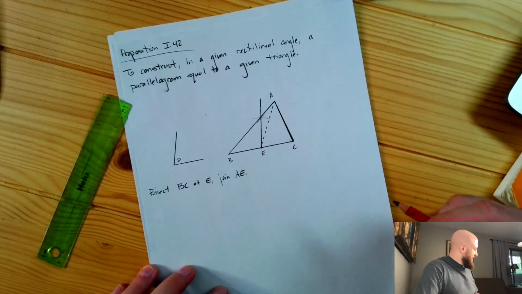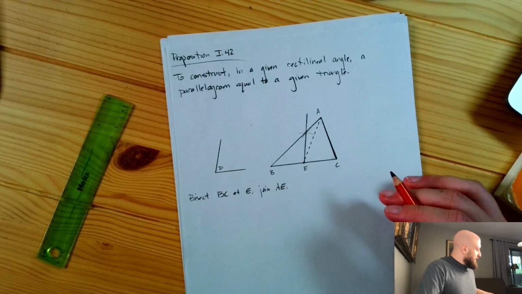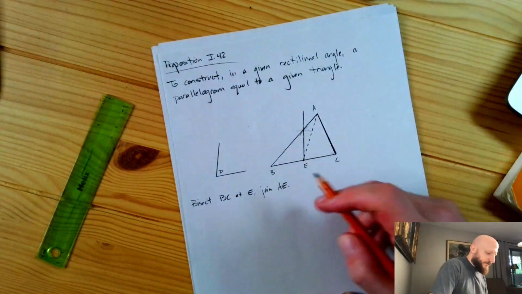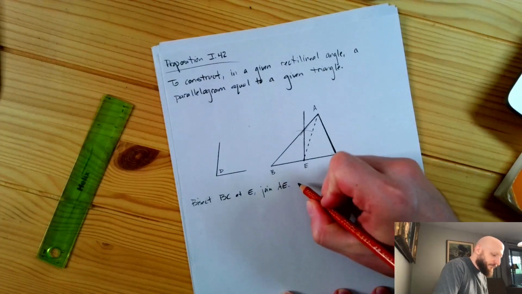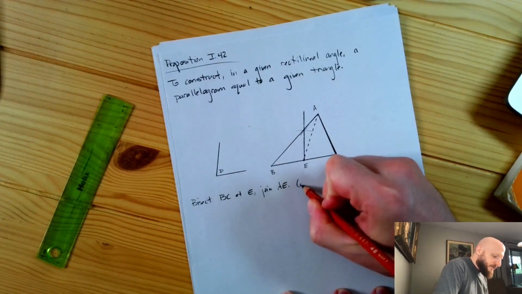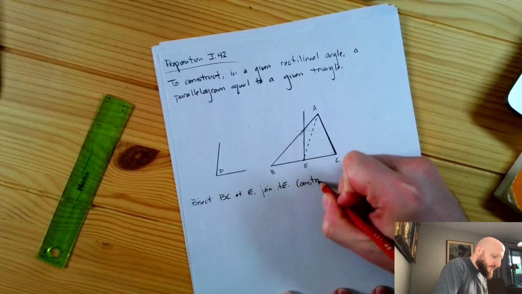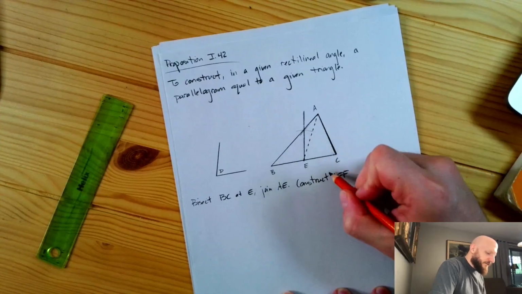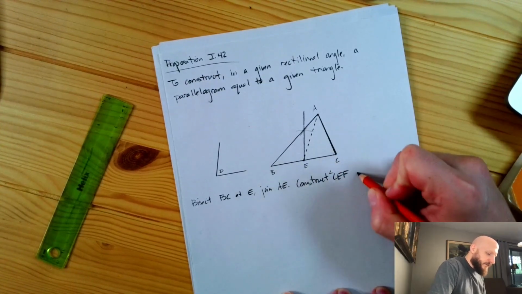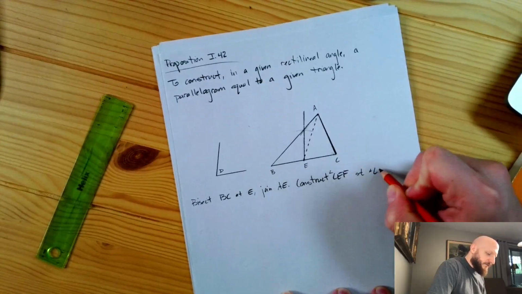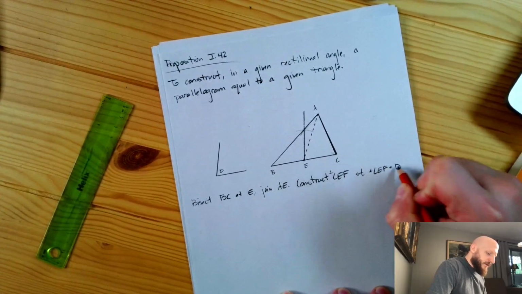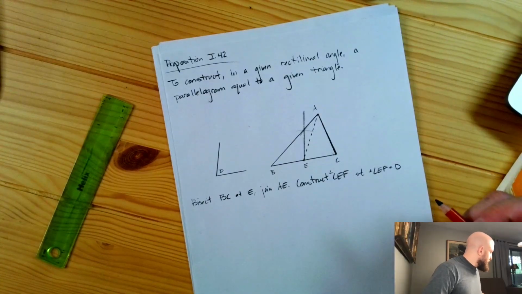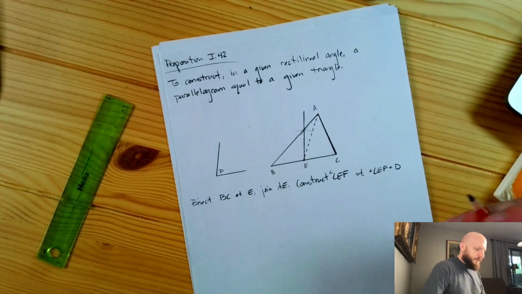All right, so I better say that: construct angle CEF such that angle CEF equals D. So that was prop 23.